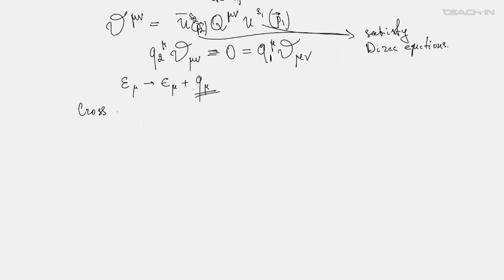The simplest computation of the cross-section for this Compton scattering process is done in the rest frame of the initial electron. So in the frame where the initial electron is at rest.